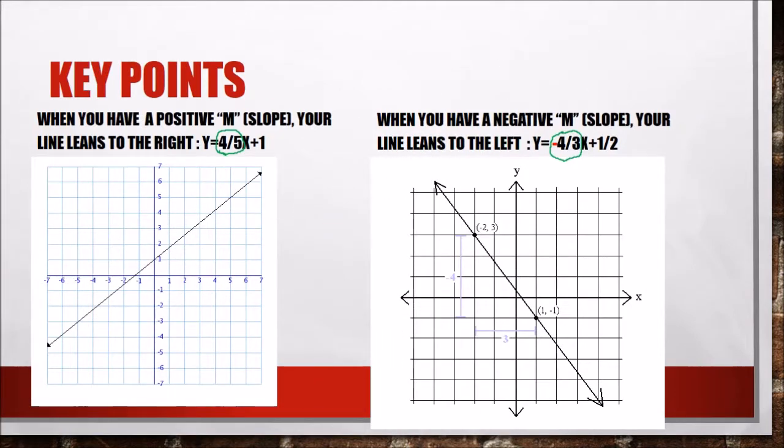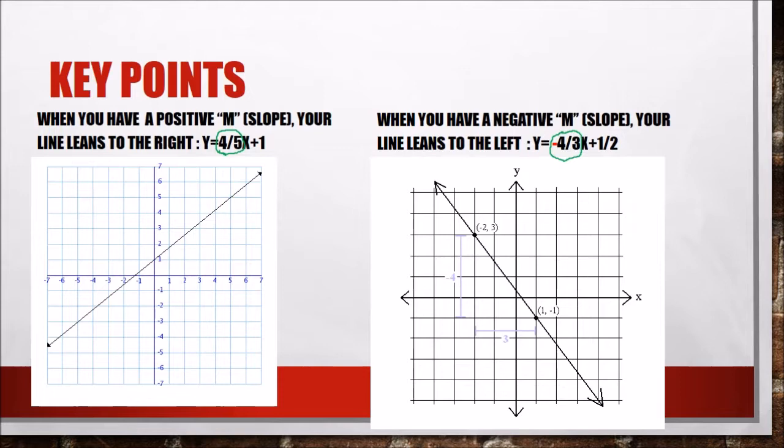Now, some things you want to keep in mind when you're graphing linear equations. When you have a positive m, which is our slope, your line is going to lean to the right. As you can see here on the left, our slope was positive 4 over 5, and as a result, our line is leaning to the right.